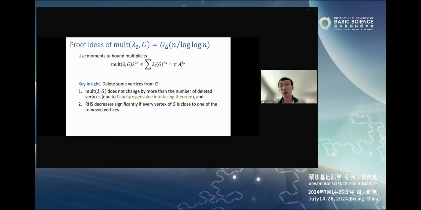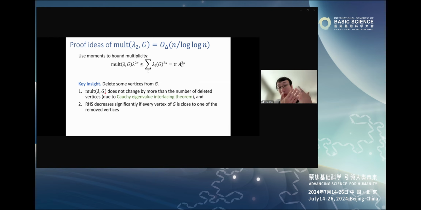So the Cauchy eigenvalue interlacing theorem tells you that if you start with a matrix, right, with, let's say, n eigenvalues, an n by n matrix, and you delete the first row and first column, you get one fewer eigenvalue. Right? So, okay, we're only talking about symmetric real matrices. So we get one fewer eigenvalue, and the eigenvalues interlace. Right? So they crisscross between the original eigenvalues. And if you have multiplicities, then the multiplicities would also interlace.